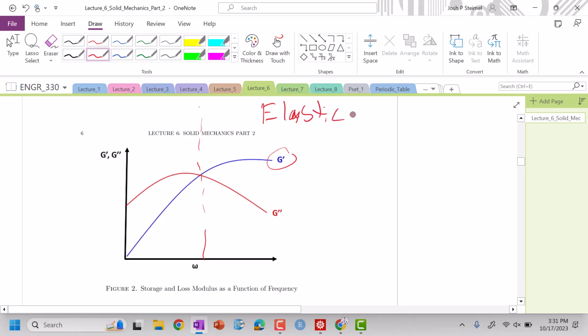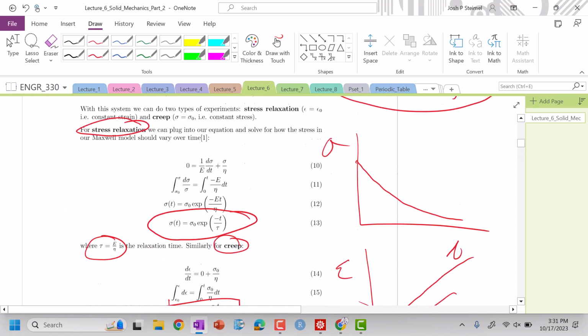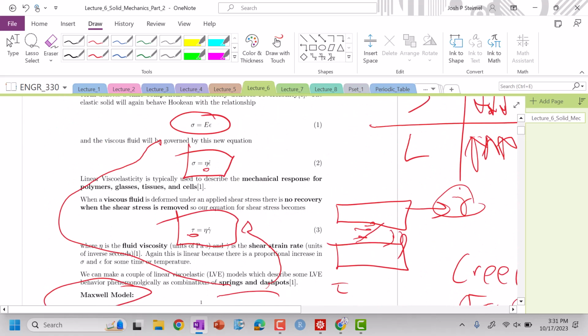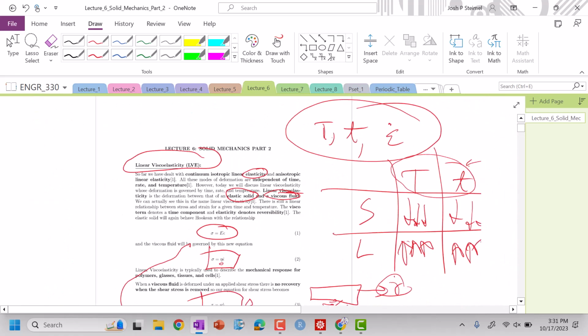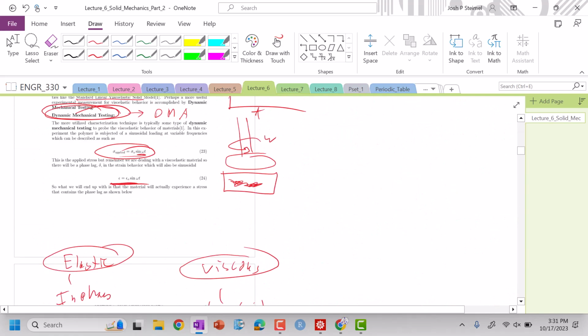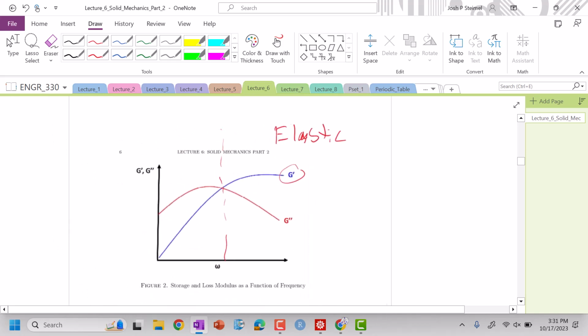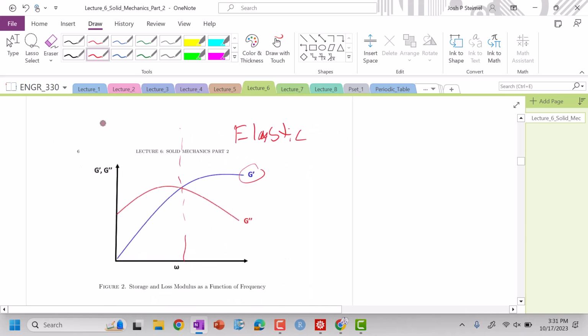This should make sense because we said previously that at very high strain rates or frequencies, we should expect a solid-like response. And we should be viscous at very low frequencies, which is what we see here. So you see this difference in behavior.